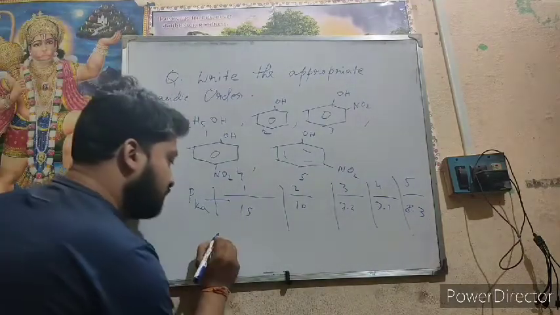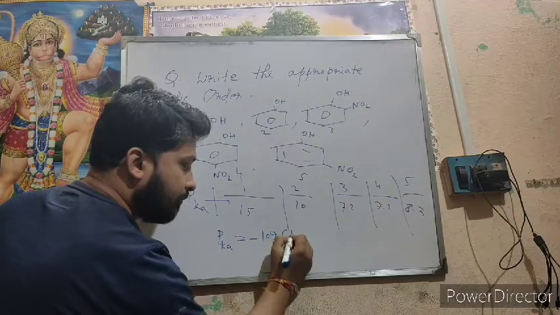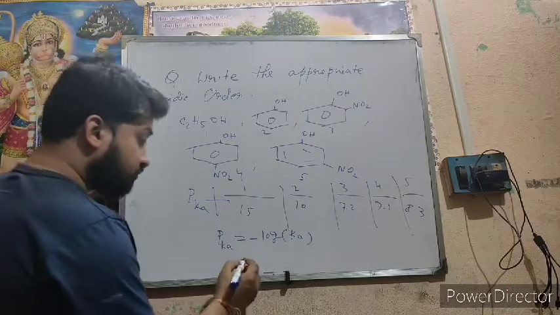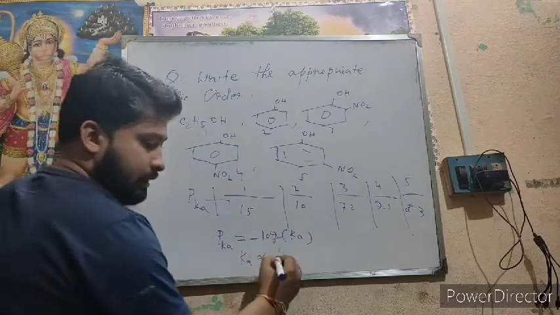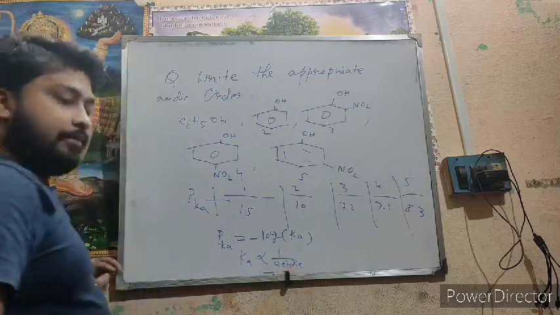Always remember it. pKa means minus log of Ka. So if the value of Ka increases, then the acidic nature decreases. What I say?